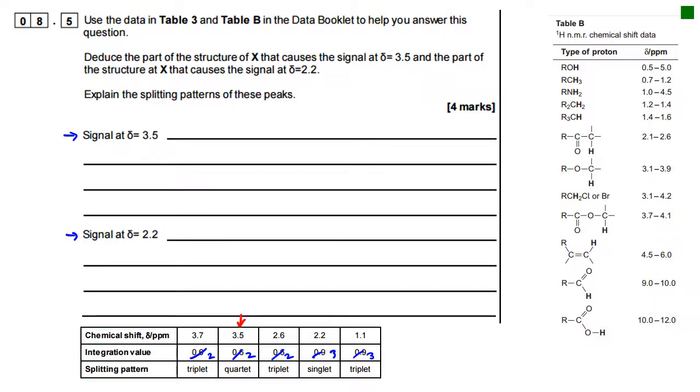So from the integral value of 2, we can get that it's a CH2 group, 2 protons. And from the 3.5, we know that it's close to an oxygen. So it's going to be a CH2 group connected to an oxygen. So let's write that down, CH2 group connected to an oxygen.